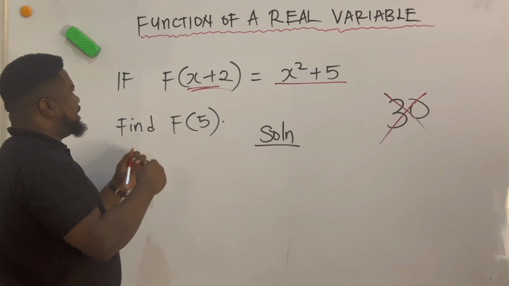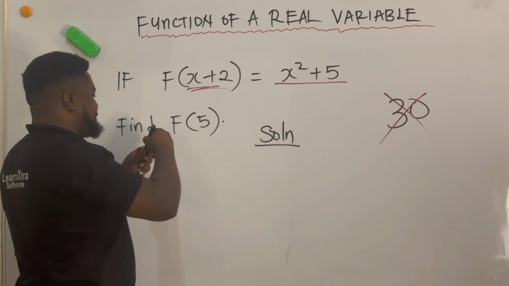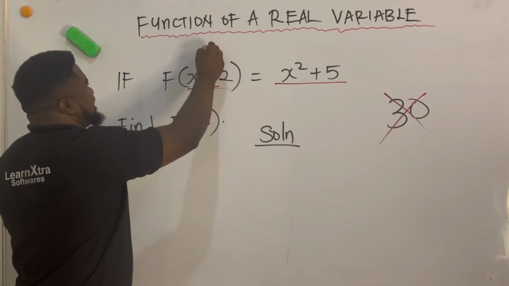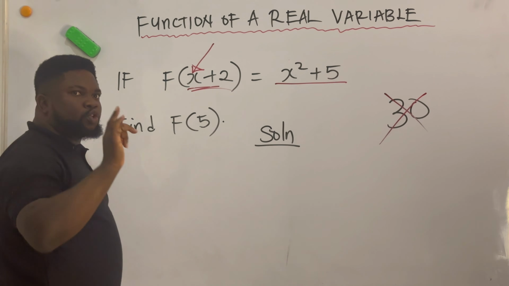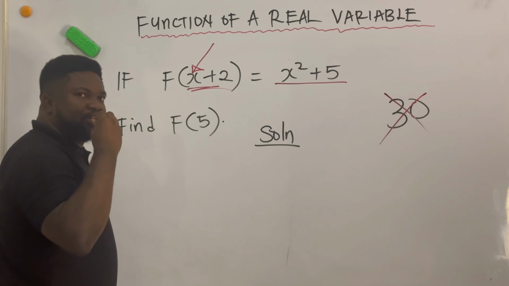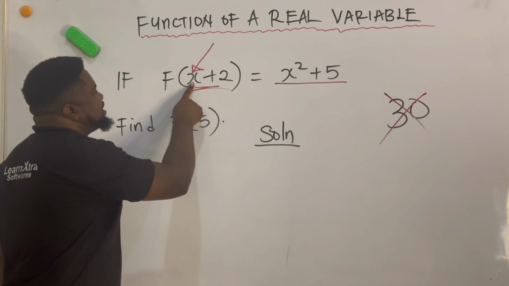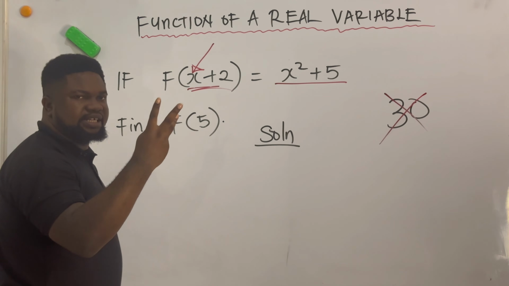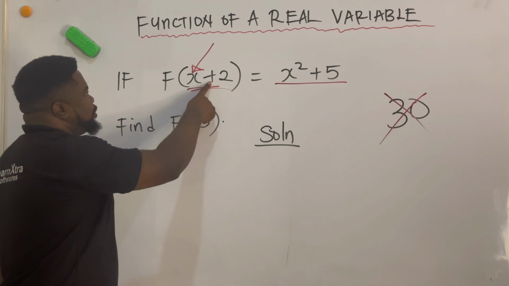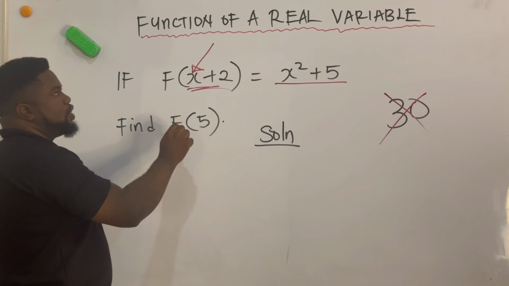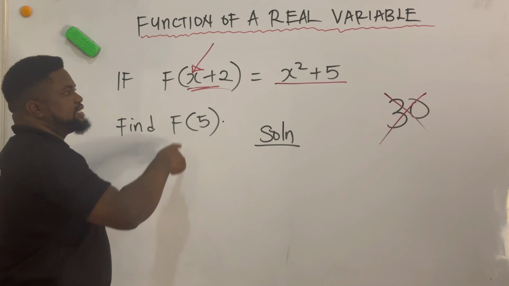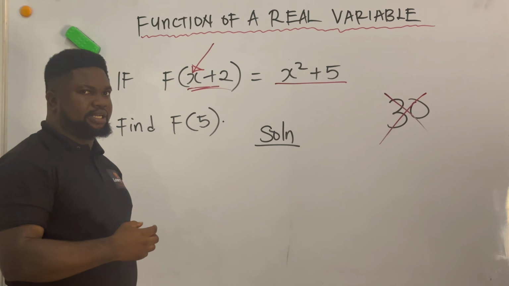what stays here? What goes in is not 5. What goes in to yield us f of 5 is x as 3. Yes, 3 plus 2 is 5. So to get f of 5, what goes in as x is going to be 3.